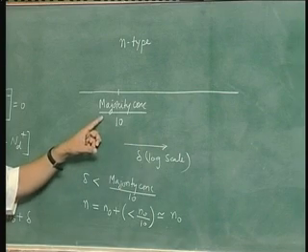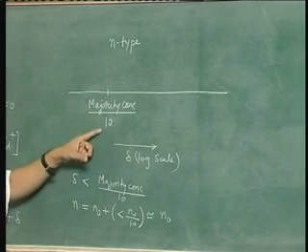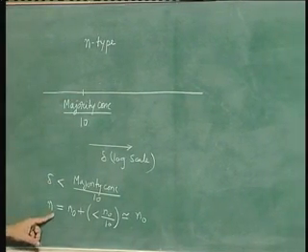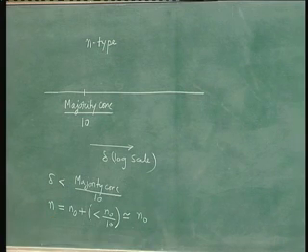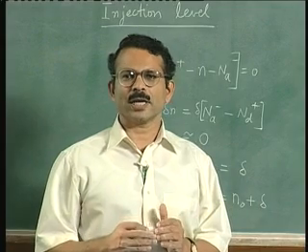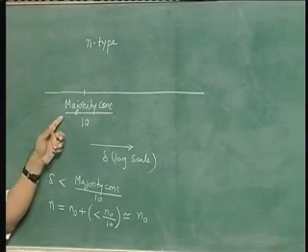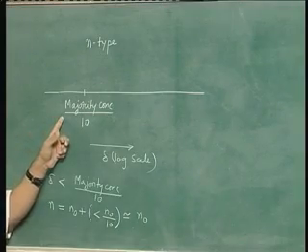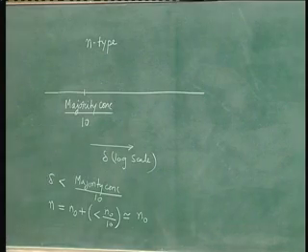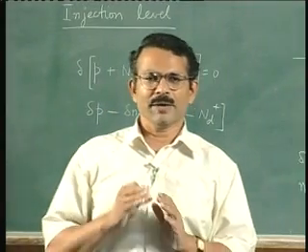So the majority carrier concentration is not disturbed at all. However, note that the minority carrier concentration is disturbed because minority concentration is very, very small. So whenever you have excess carrier creation, minority carrier concentration will definitely be disturbed.